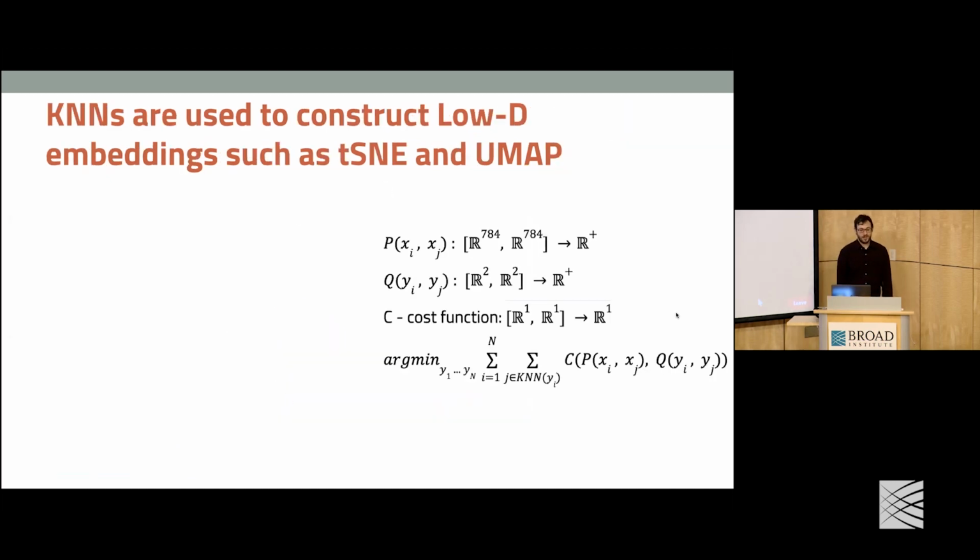Next, I wanted to talk about how k-nearest neighbor graphs are used to construct low-dimensional embeddings, such as TSNE and UMAP embeddings.